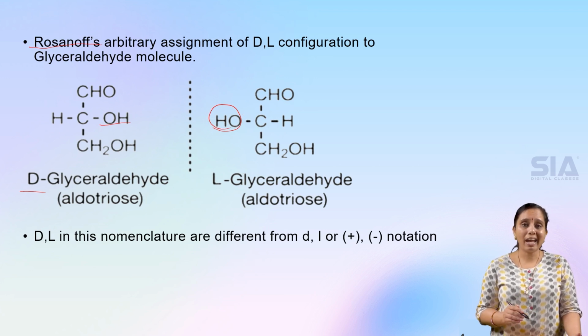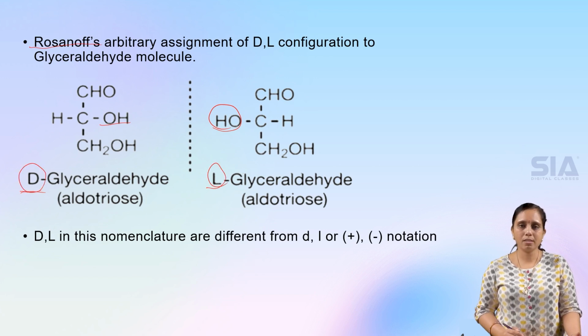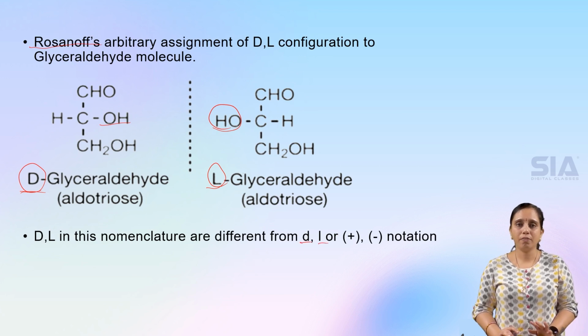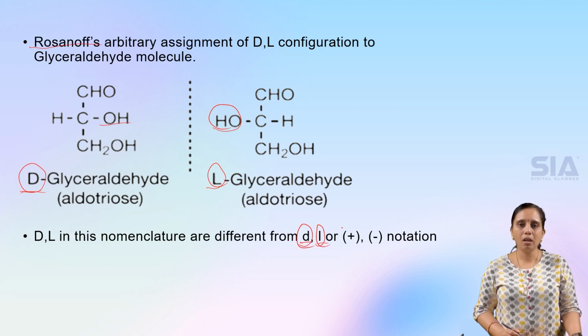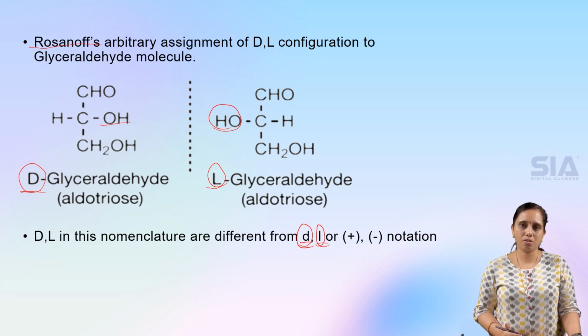This D and L, as you can see, are denoted with capital letters. These should not be compared with the d and l rotation of optical activity of the molecule. Small d, small l are for optical activity, and capital D, capital L are for DL configurations.